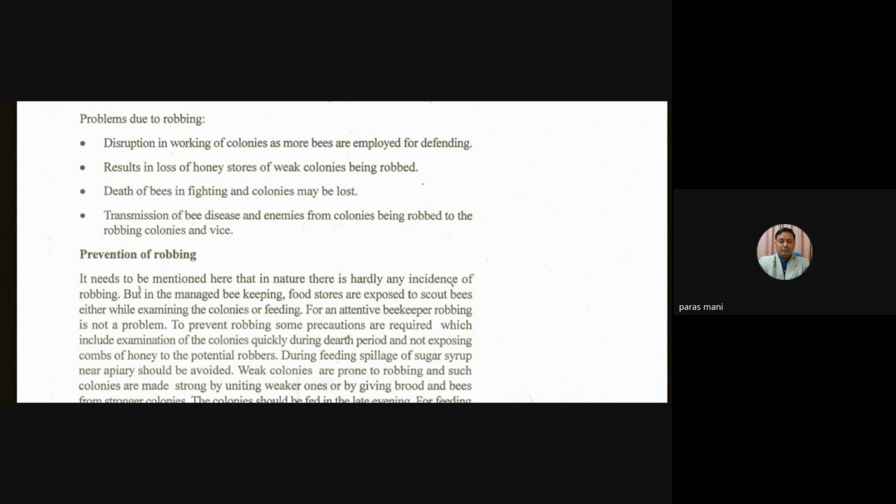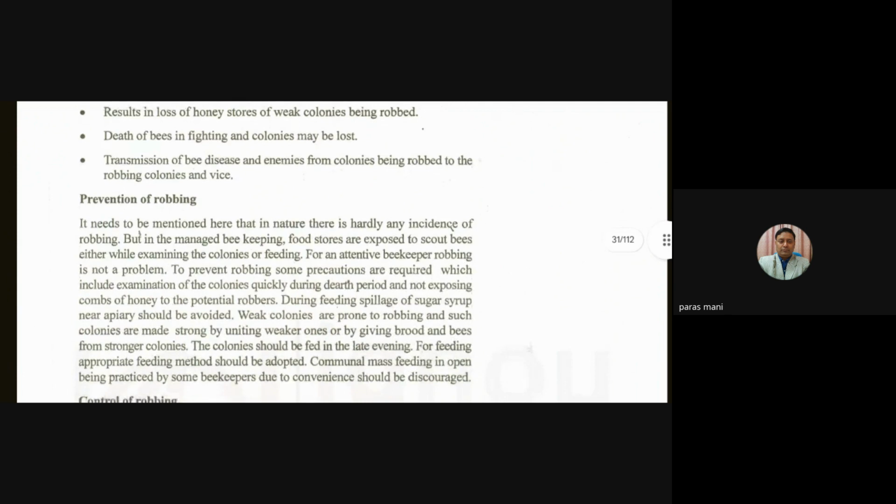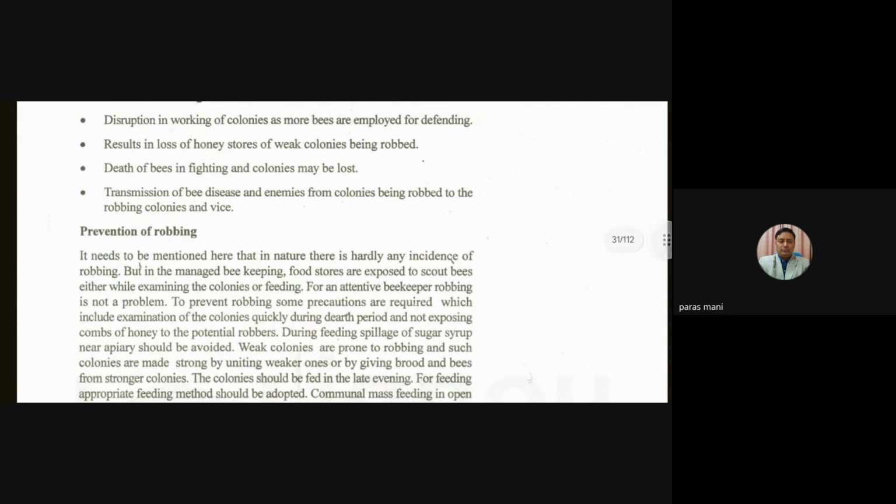Result: loss of honey stores of weak colonies being robbed. Honey stores will be depleted. Death of bees in fighting, and colonies may be lost. While defending, the worker bees fight each other. It weakens the colony, or the colony may be lost.